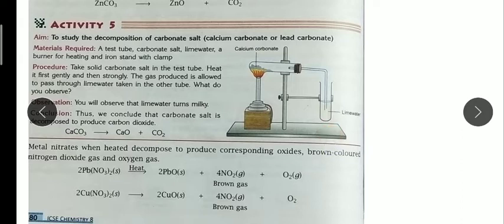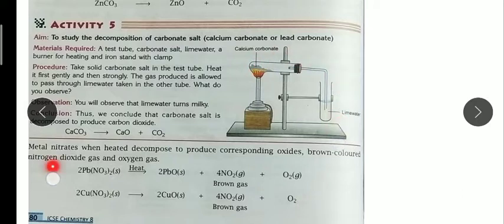The milkiness of lime water indicates that carbon dioxide is released during the reaction. In the observation it is written that lime water turns milky, and the conclusion is that the calcium carbonate salt, while heating, releases carbon dioxide gas.